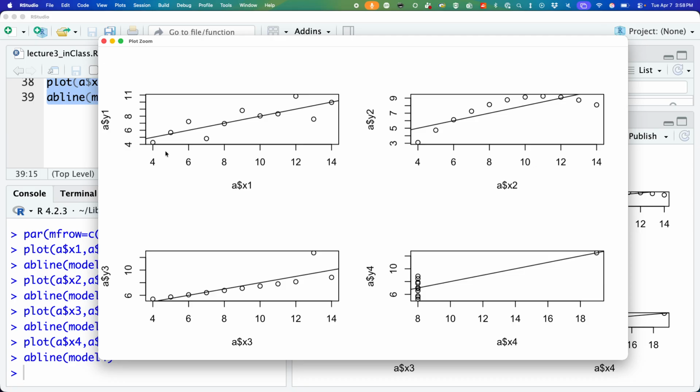This is a very famous artificial data set that was constructed to duplicate these metrics that we all too commonly rely on, which are tests of significance and r squareds, right?